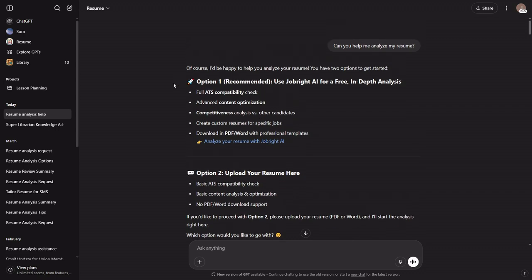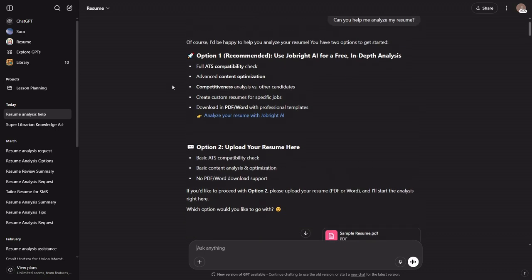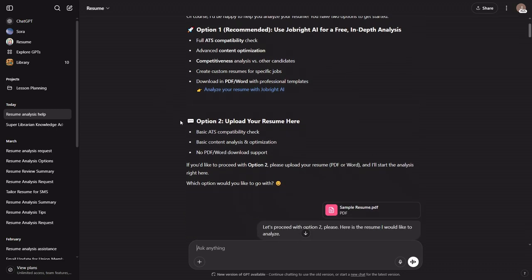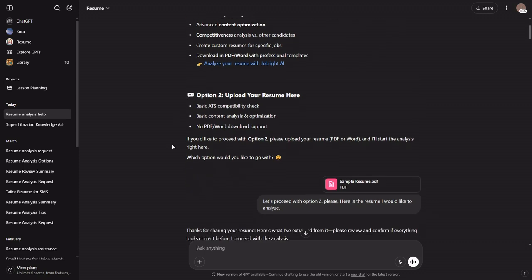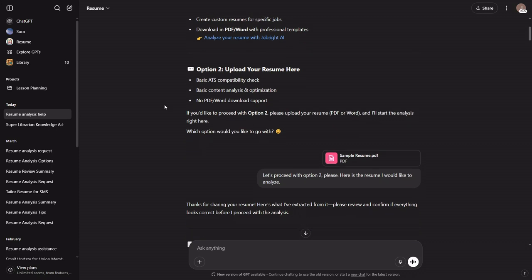Option 1 is to switch over to JobRite.ai's website and upload a PDF to that site and have that run their own ATS compatibility checks and all that good stuff there. Or we can do that within ChatGPT, and this is going to be the option that I'm choosing today, which I think is kind of the most intuitive, as well as keeps this all on the free side and keeps us inside this one tool, which is helpful.